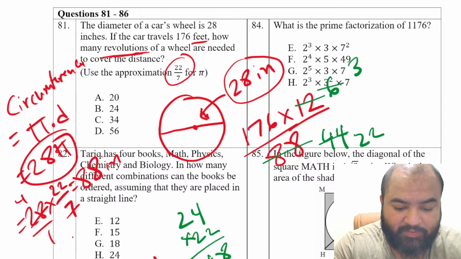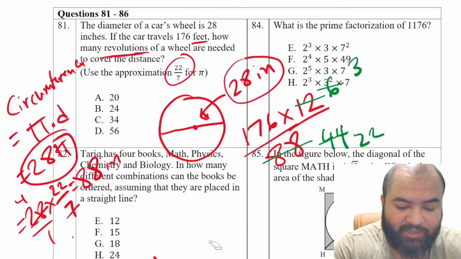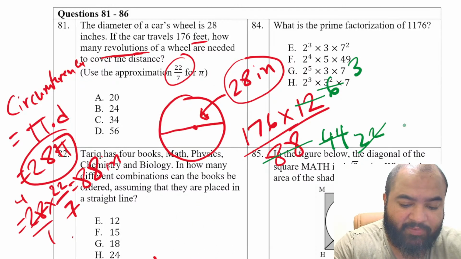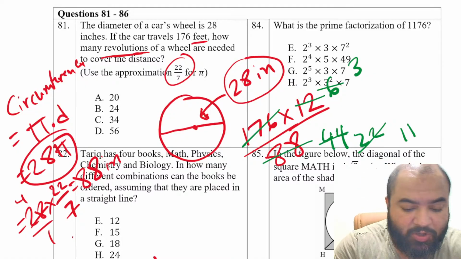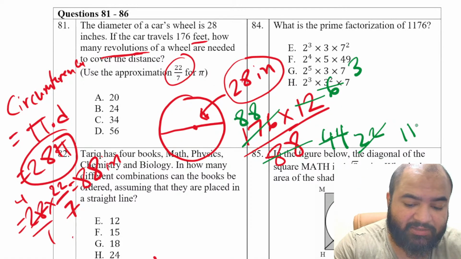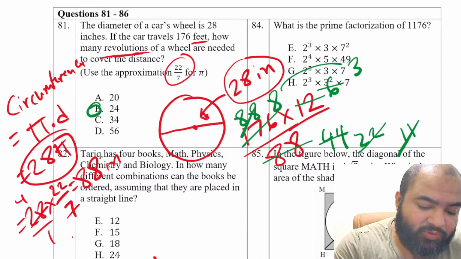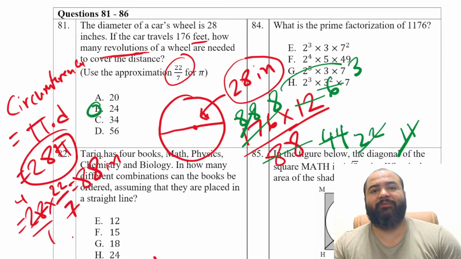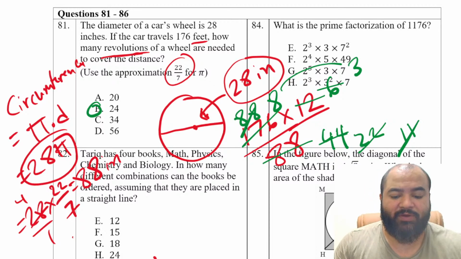But yeah, that's not it. Okay, so we can do it simply here by simplifying by 2 again, so we get 11. Simplify 176 by 2, we get 88. Okay, so 11 goes into 88 8 times, and 8 times 3 is 24. I'm just simplifying, you can simplify the way you want.